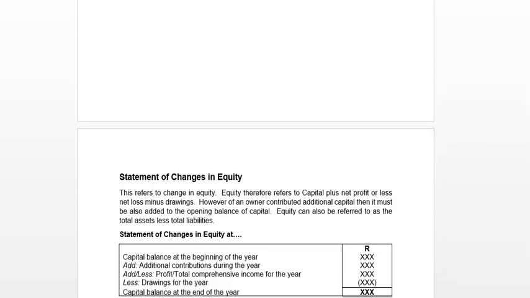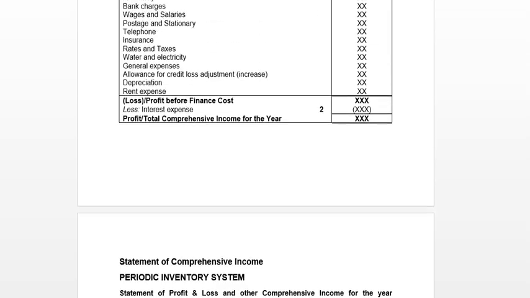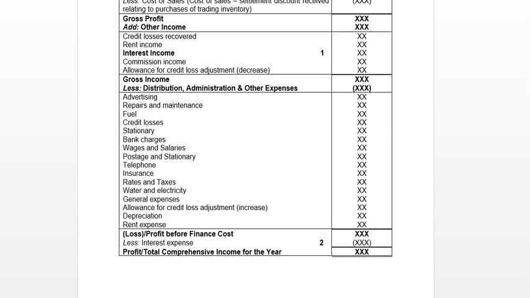So if we take our profit before finance costs less our interest expense, then we are left with our total comprehensive income for the year, or our profit for the year.